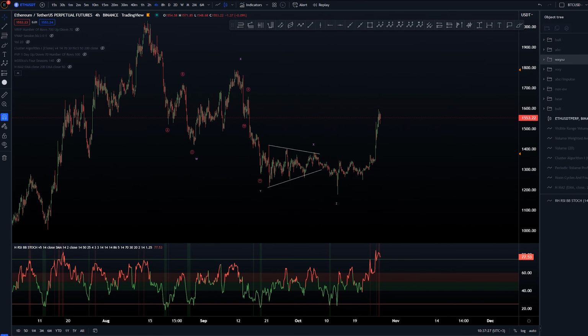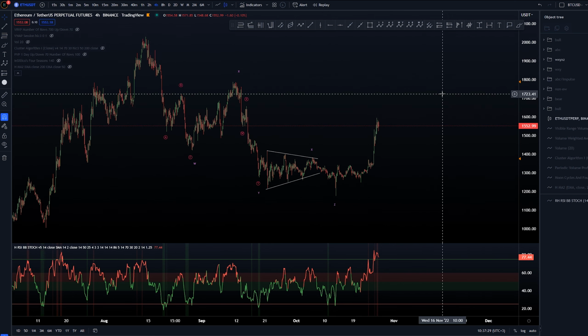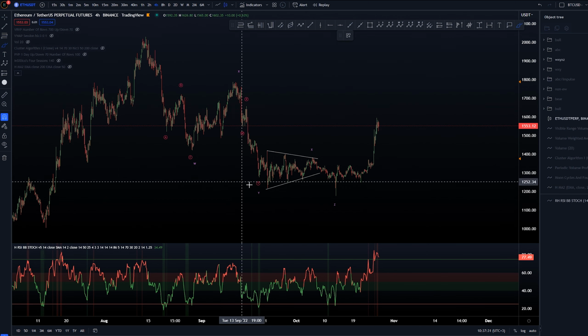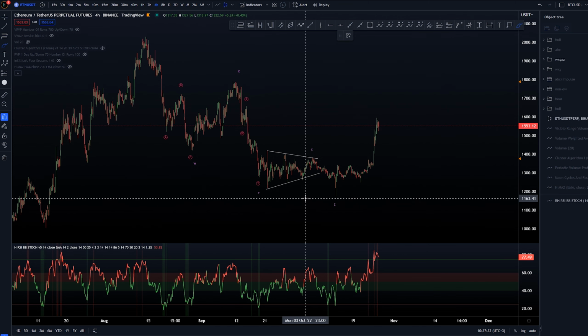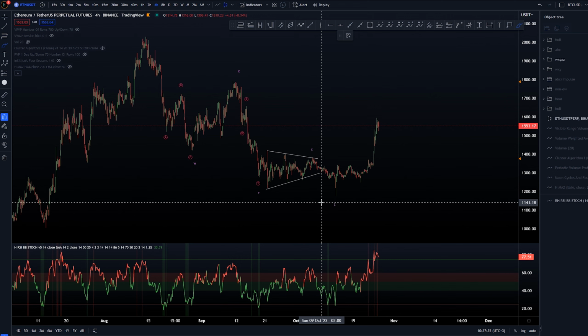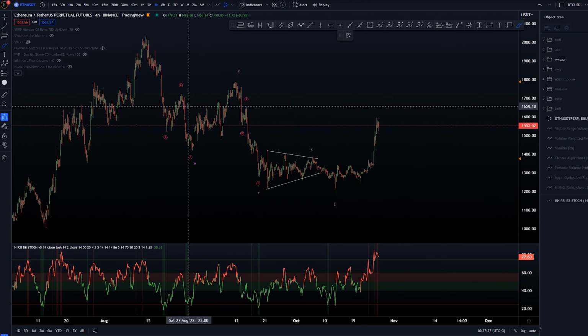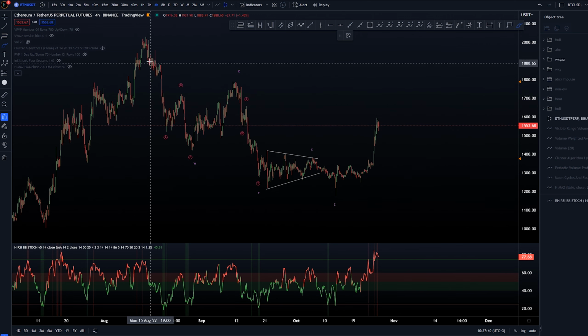Let's check out the other ones that I prefer. This is the WXYXZ count, which, as a triple correction, is much rarer in itself. However, it kind of fits into this idea.